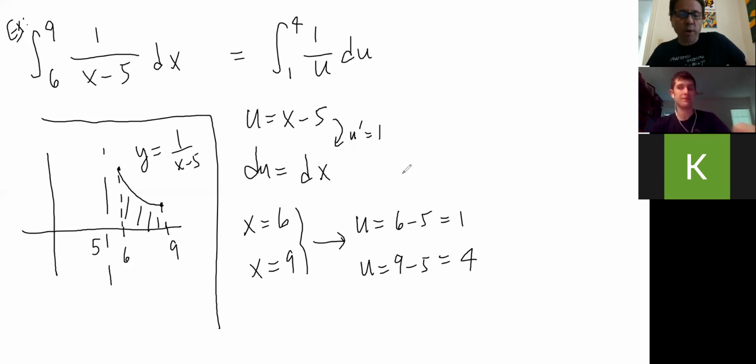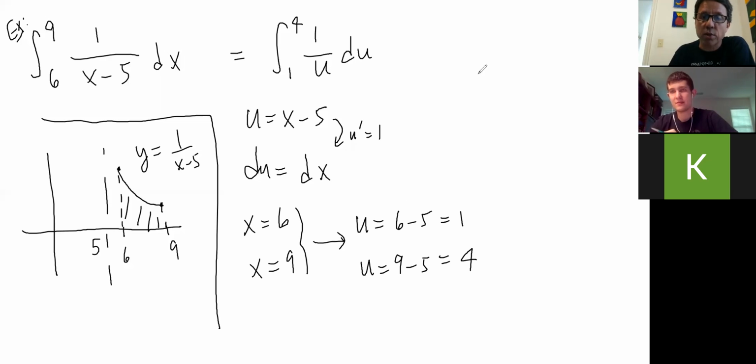And if you've seen this before, yeah, I know we're going to replace everything, but this really drives home that this is an area. Draw this area and see how it compares to the old area. So if I draw it, instead of x and y, it's now u and y. Just hang on one second.